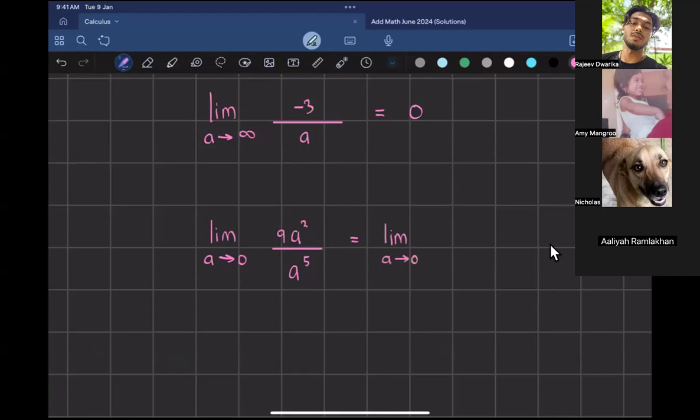So in limits, this reads as limit as A approaches 0. Tell me what to write next. It'll be 9 over A cubed. Right. And we can't really simplify that anymore. So what is the answer?